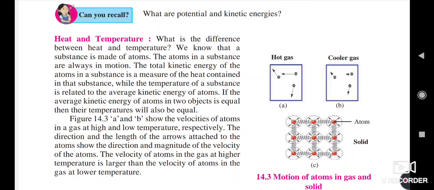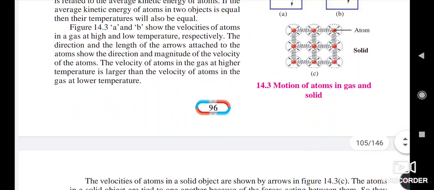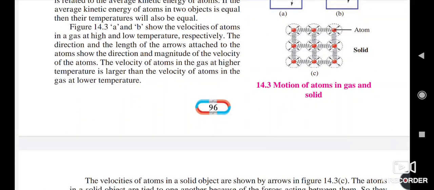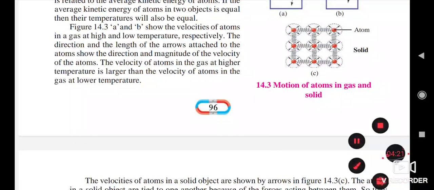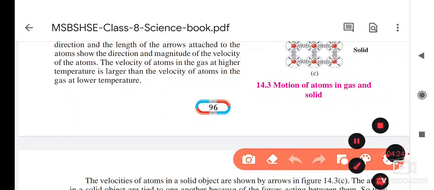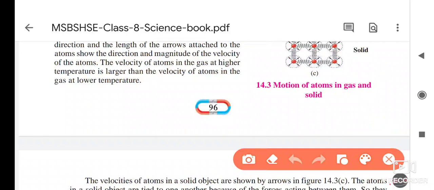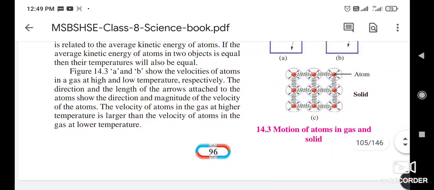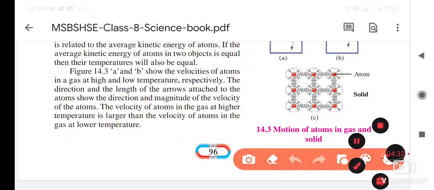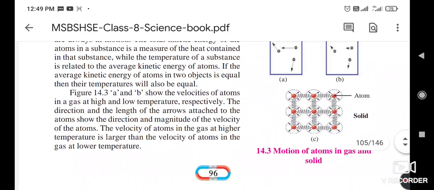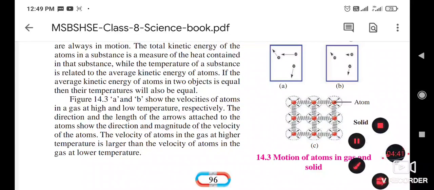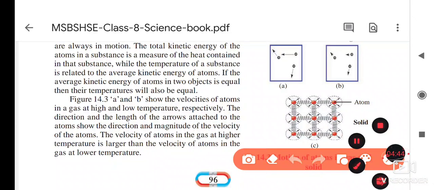The directions and the length of arrows attached to the atoms show the direction and magnitude of the velocity of the atoms.